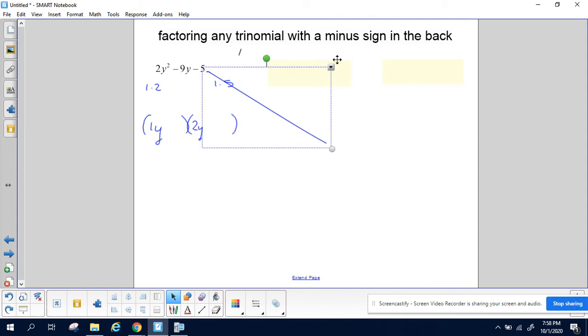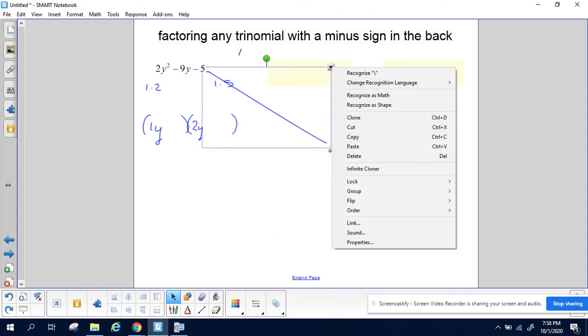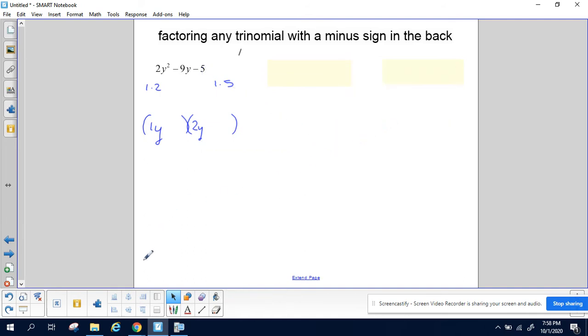Get rid of that line. Okay, a minus sign in the back means that when I do the outer and inner, remember those are multiplied together, the things that I'm going to put here will have to subtract in the back, subtract to make 9, and then I have to really be careful with my symbols.